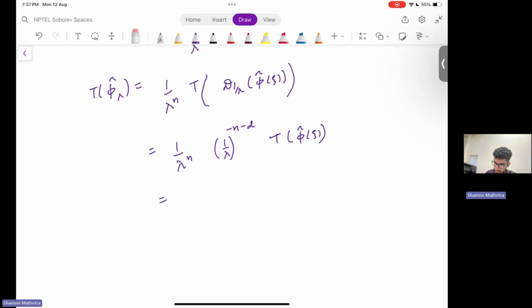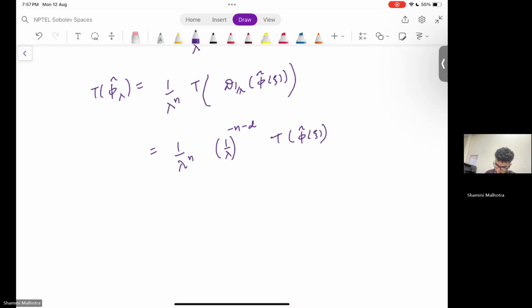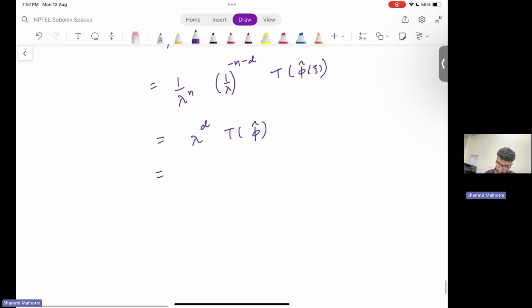What does this basically give us? This gives us lambda raised to the power d, T of phi hat, and this can be written as lambda to the power minus n minus d, T hat of phi.